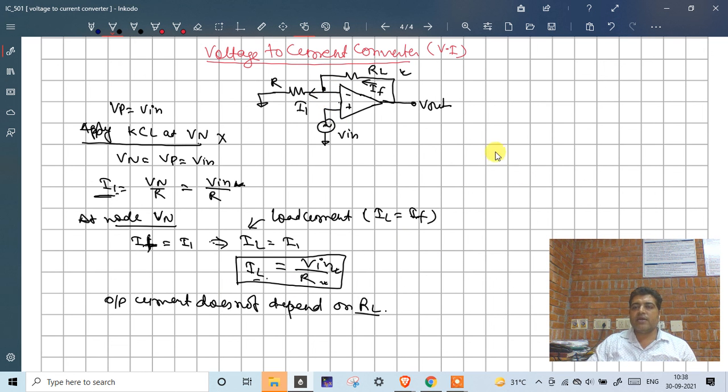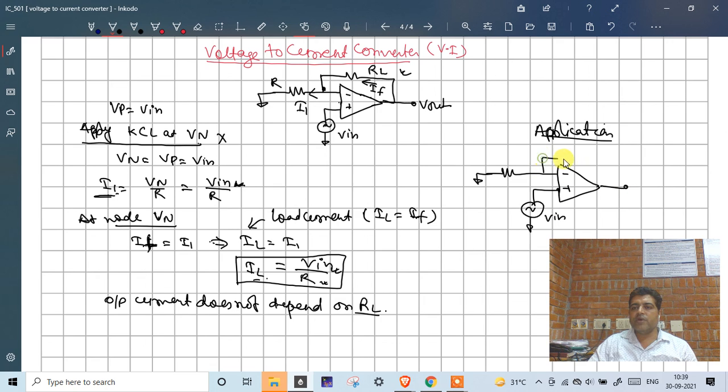So for the application, you can see it like this. This is the op amp, this is my R, which will decide the value of current. This is my V in, with minus sign, plus sign. This is my output.